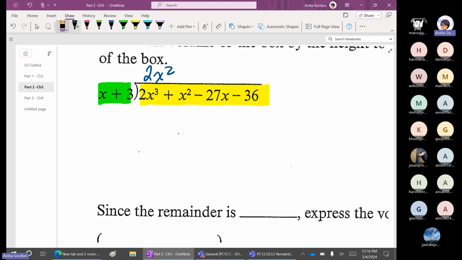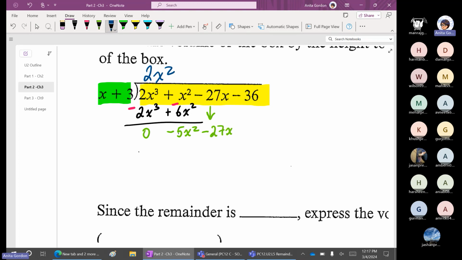Let me write this. 2x cubed plus 6x squared. Okay, and then I subtract them. Negative 5x squared, right? Negative x squared minus 6x squared gives me negative 5x squared. And I bring down the next term, negative 27x.